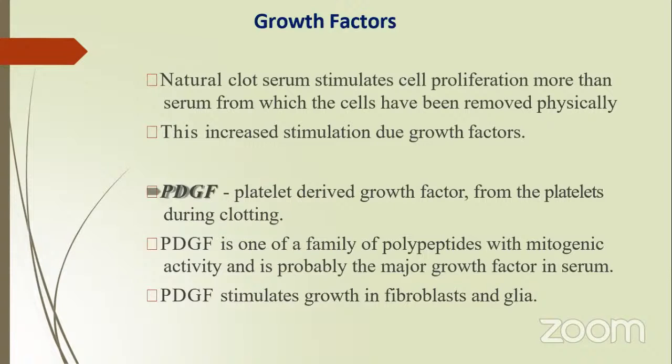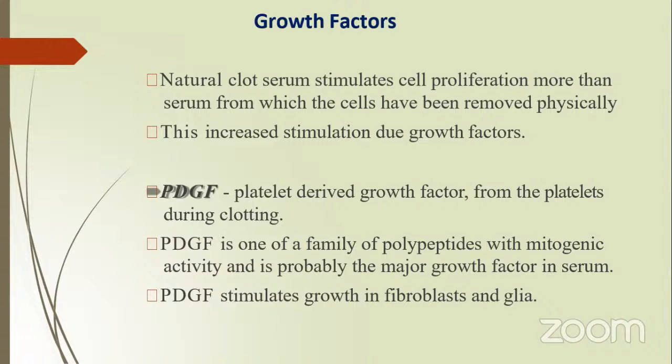Then growth factors. We have natural clot serum, which stimulates cell proliferation better than plasma serum. And we can also remove them physically. They increase the stimulation of the cells. Then you have PDGF, platelet derived growth factor, which is from the platelets. During clotting, we get this growth factor.